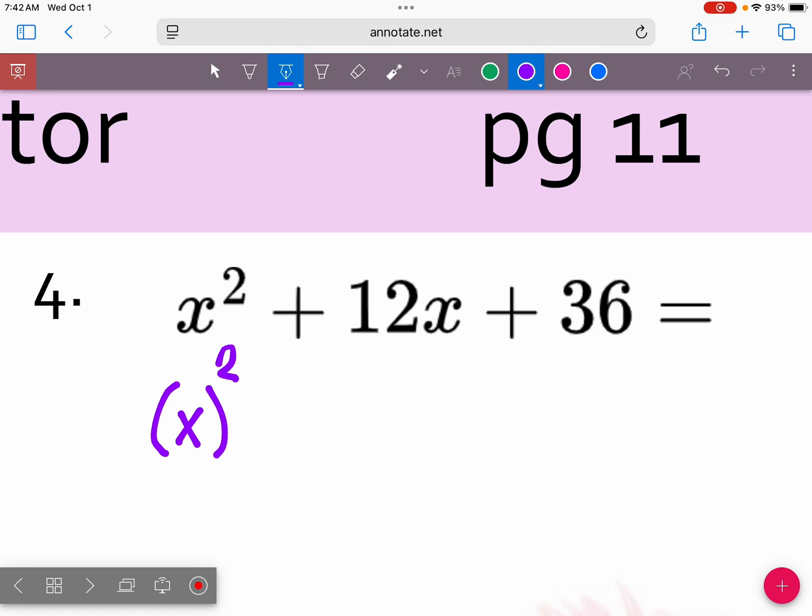What squared gives me 36? 6. This is the same thing as if I had 6 squared. Is the middle term 2 times the front times the back?